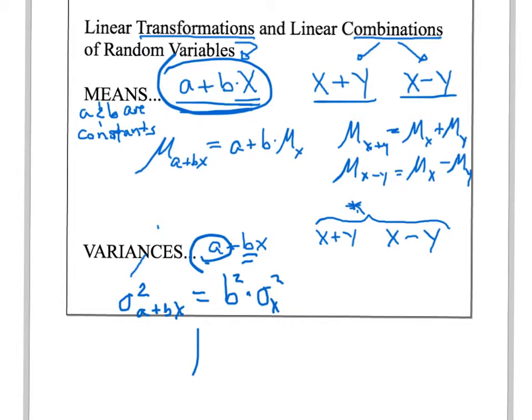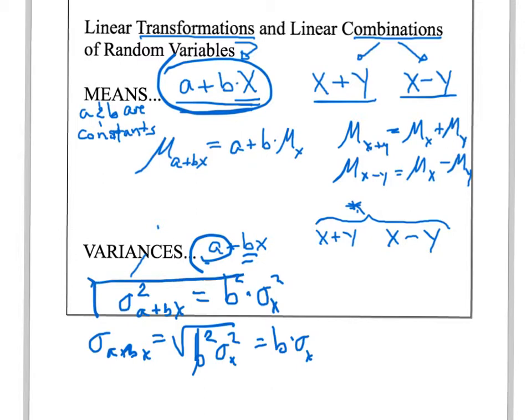What this means is the standard deviation of a plus bx would equal the square root of b squared times the variance of x, which would just give you b times the standard deviation of x. So the standard deviation gets multiplied by b when x gets multiplied by b. But this is the formula I'm going to use because I'm doing this for variance.